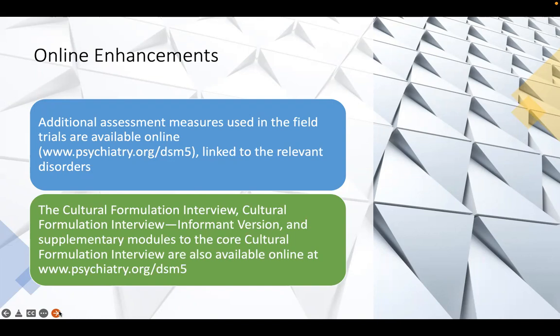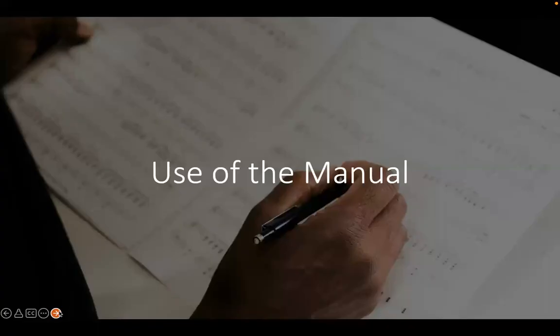The one that you fill out, and then the one that informants fill out. These are family members, friends, individuals close to the person you're working with. So again, it's very important to get consent for that, so it doesn't feel like this was something done behind their back. So you always want to have this very trusting, open relationship with your clients. So that's found at the same place, psychiatry.org/DSM-5, please feel free to go check that out.